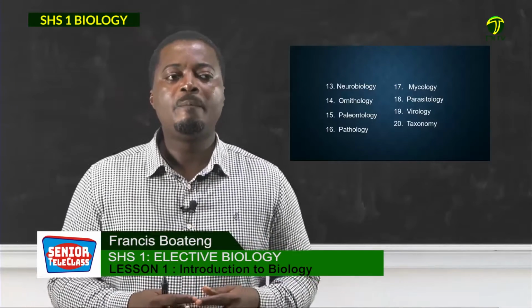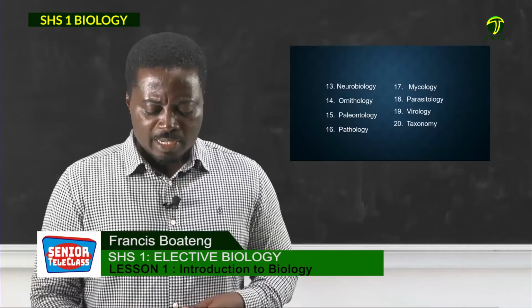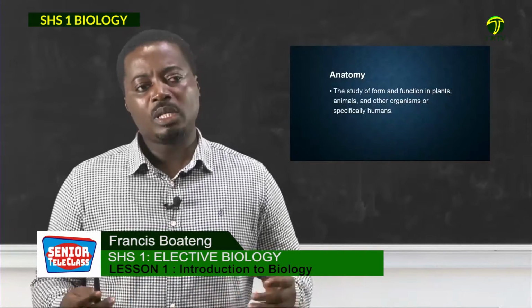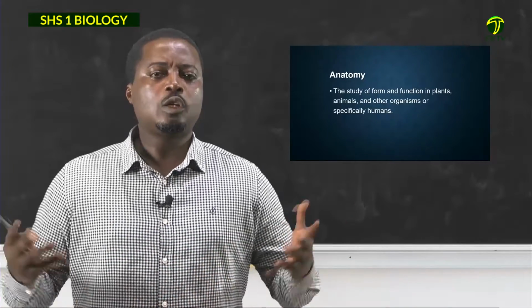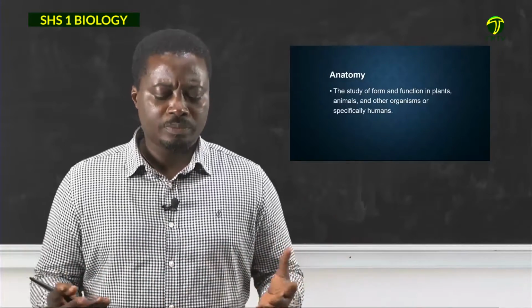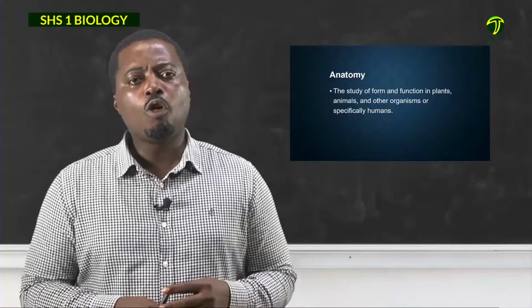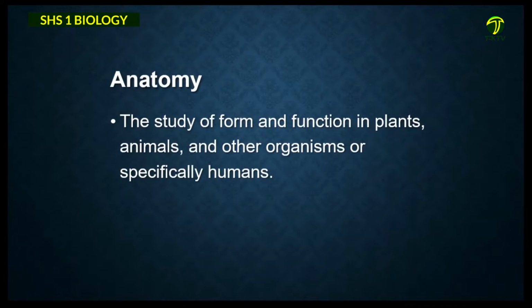Now, if you take anatomy, when we say somebody is studying anatomy, what does it mean? It's the study of form and function in plants, animals, and other organisms, or specifically humans.